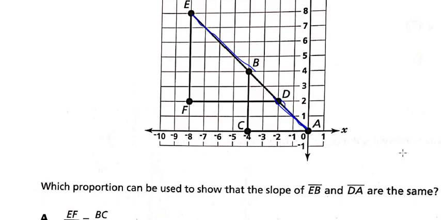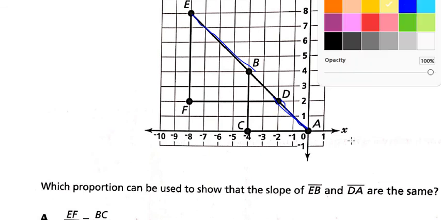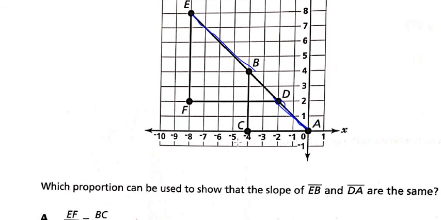So one of the things that we know about slopes is that if they're the same, they're going to have the same rise over run, right? So what we should know here is that if these have the same slope, it's going to also have the same slope of this line here, and also, let me change colors for that one, this line here.